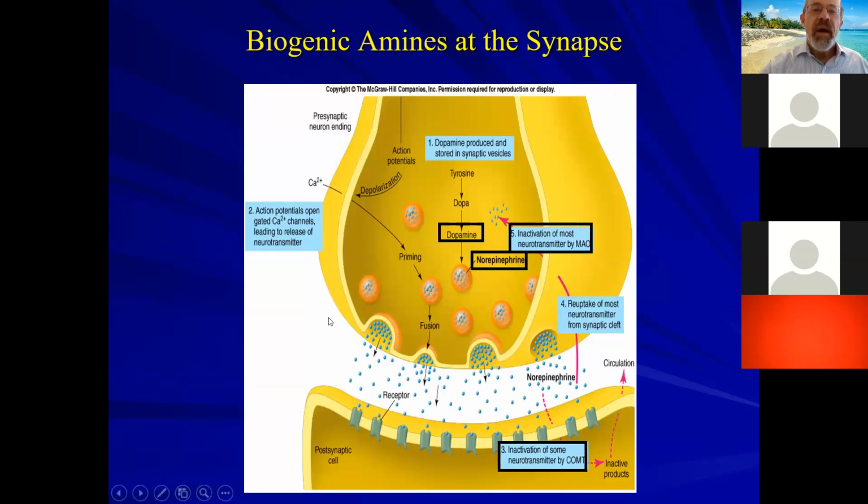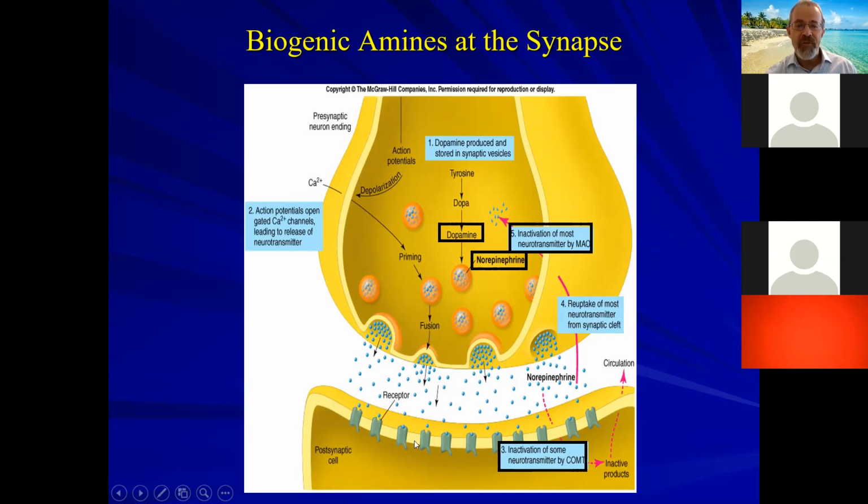All right. This is a generic biogenic amine synapse. It doesn't show serotonin, but it could just as easily do that. Here we have our presynaptic cell. Here we have our postsynaptic cell. Here we have our synaptic vesicles. Here we have calcium, which would be coming in. Pretty much the same as any chemical synapse.